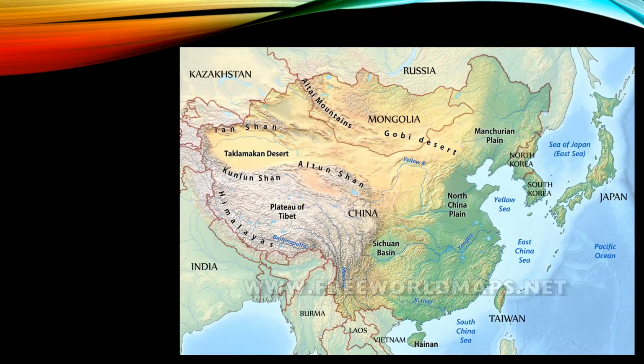Difficult to live in. On the other hand, if you look at the east, you're going to see the North China Plain, the Sichuan Basin, Manchurian Plain. These are ripe with great river sources, water sources, i.e. crops. So you're going to find most of your development where the resources are plentiful.